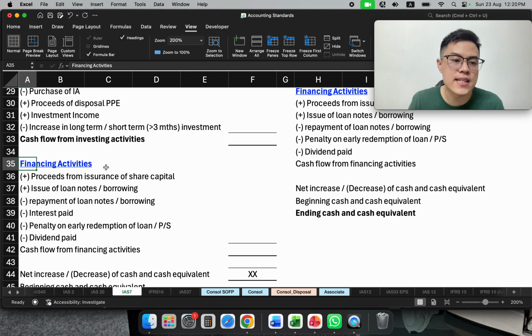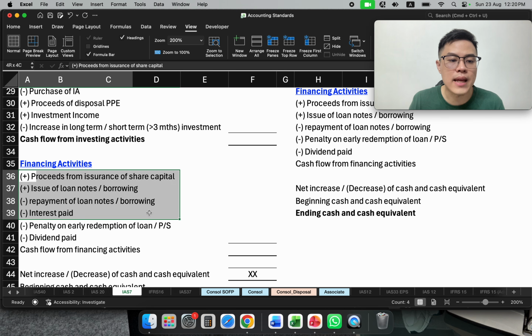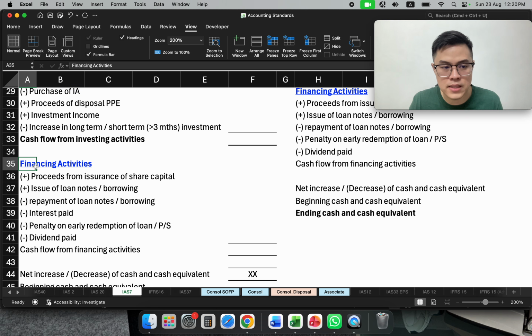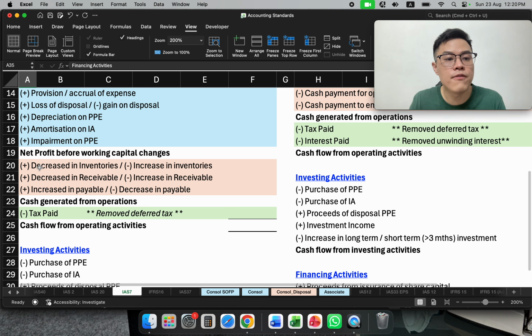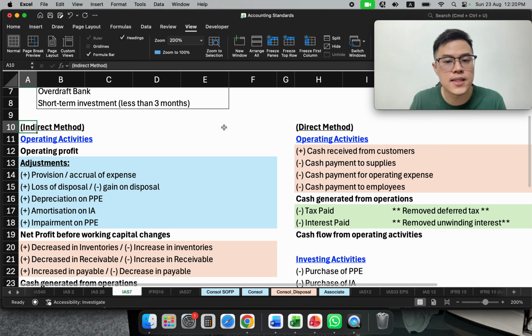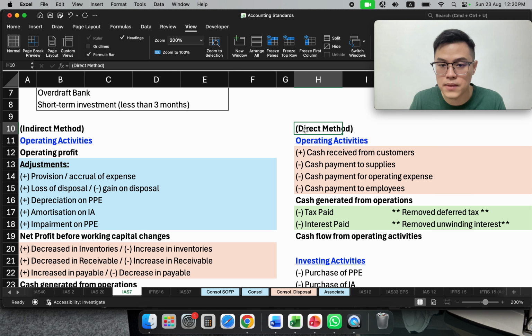In these financing activities, we get money or pay money to service the cost of debt and cost of equity. All that will be categorized under financing activities. So we will have these three important components for the indirect method, and the direct method is the same.